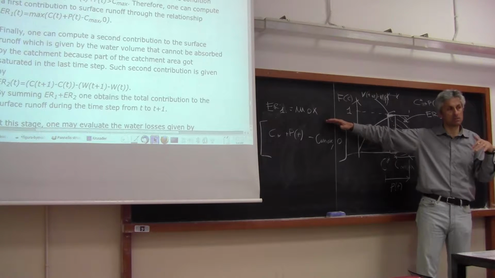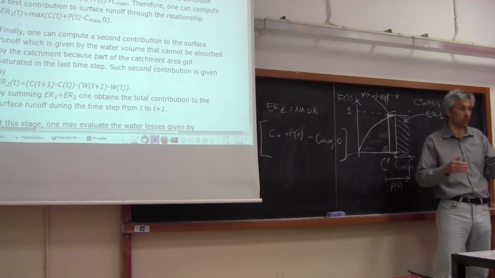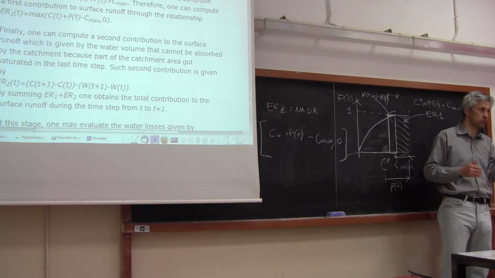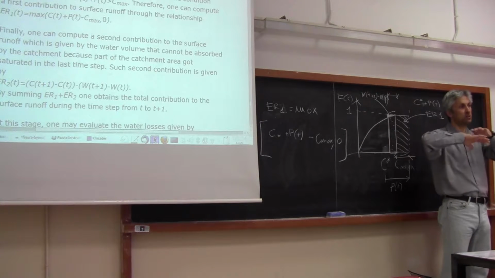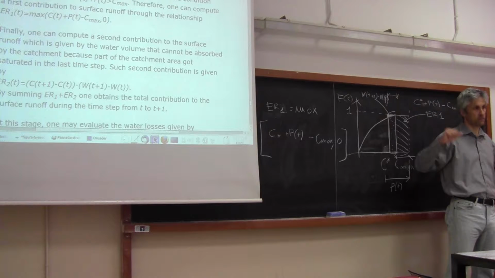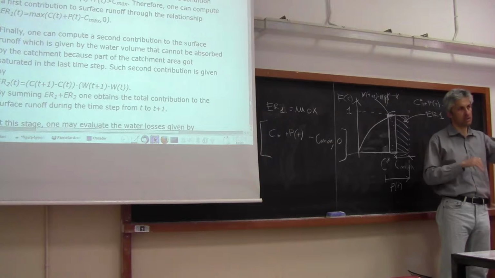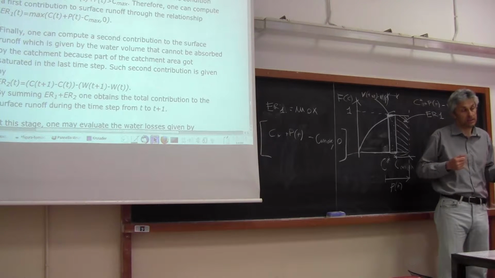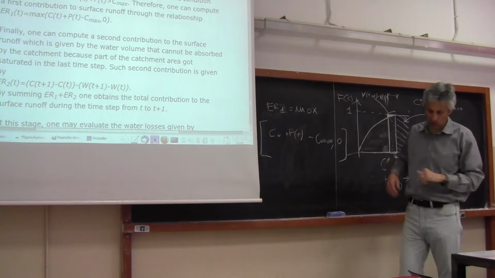By using this max operator, you can easily combine them. You always have to apply two relationships, ER1 and ER2, and if they are written in this way, they apply to any possible situation. When you see the code, it is indeed very simple. It's something like 20 instructions. It is simple because it has been conceived in this way to be easy to apply.